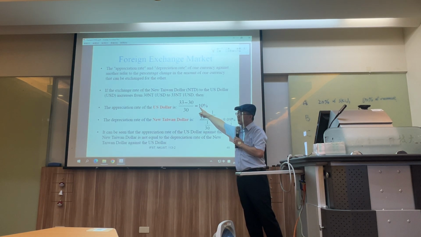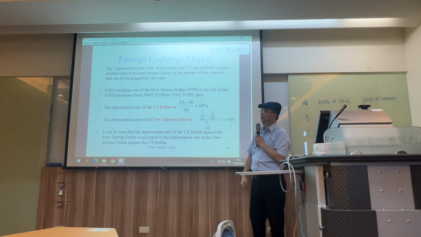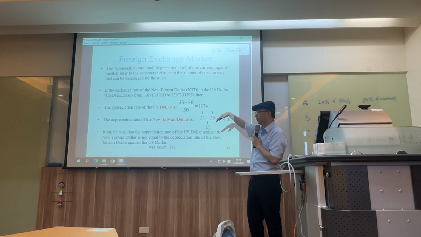Yes, it's what you explained about the appreciation of the US dollar. The calculation is right there, 33 minus 30 divided by 30, and 10% is the appreciation of the US dollar. That's right.